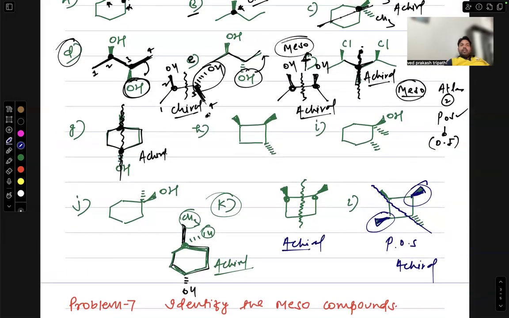Okay, now look at this H. I think we left the H one. So if you look at the H, you can see chiral, chiral, chiral, and there is no plane of symmetry. If you are going to cut from this axis, then this is the wedge, but there is no wedge. So no plane of symmetry. So this means chiral. Any doubt?